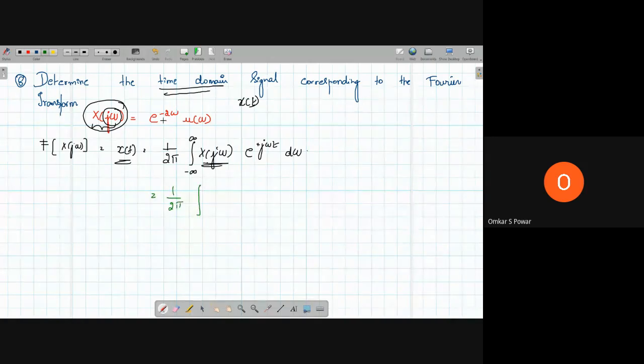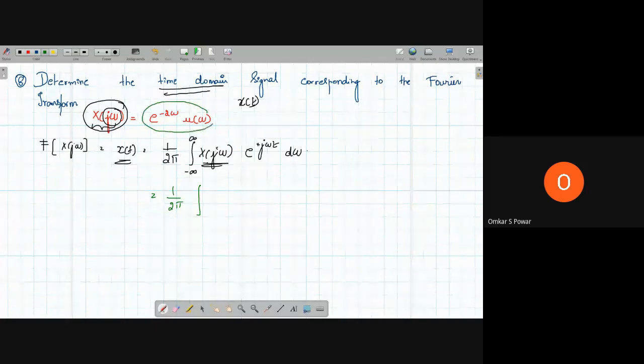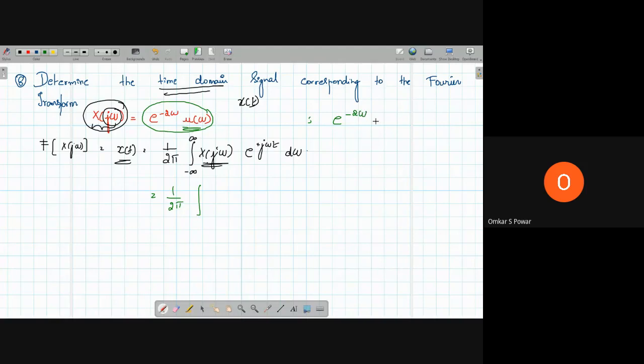Now e power minus 2 omega into u of omega. If you write the mathematical expression, X of j omega will be e power minus 2 omega for omega greater than or equal to 0, otherwise it is equal to 0. So your limits are 0 to infinity, e power minus 2 omega e power, sorry, plus j omega t d omega.